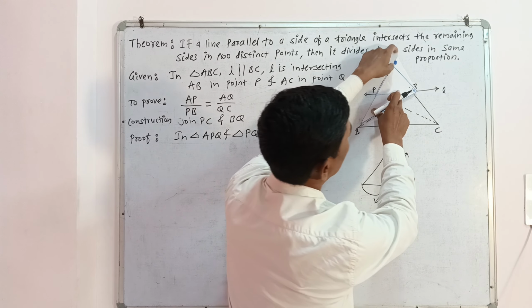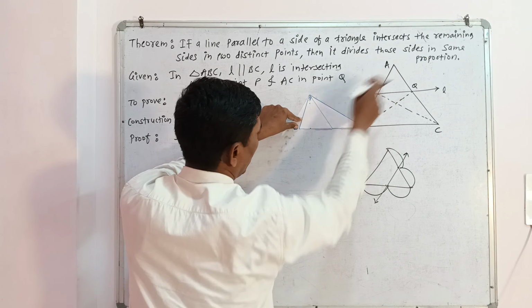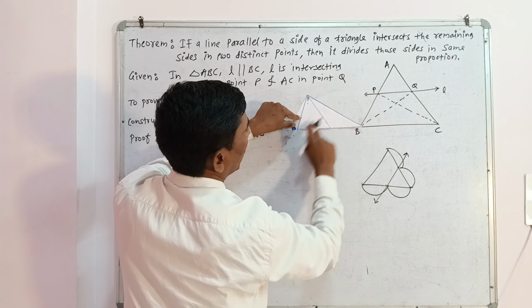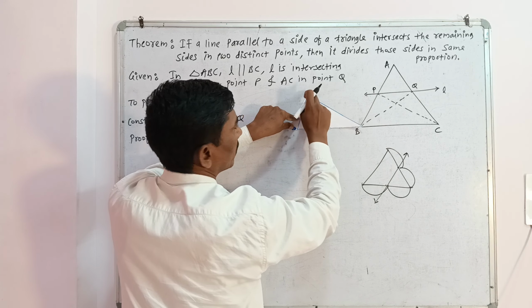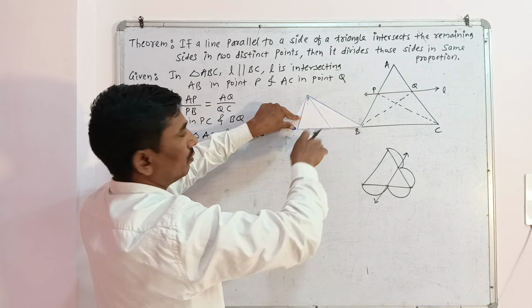If you just rotate this triangle like this, you will have the point A over here, B will remain at this place only, and then this Q will be over here. If you rotate it in this direction, anti-clockwise, then you will have this APQ and PQB like this.